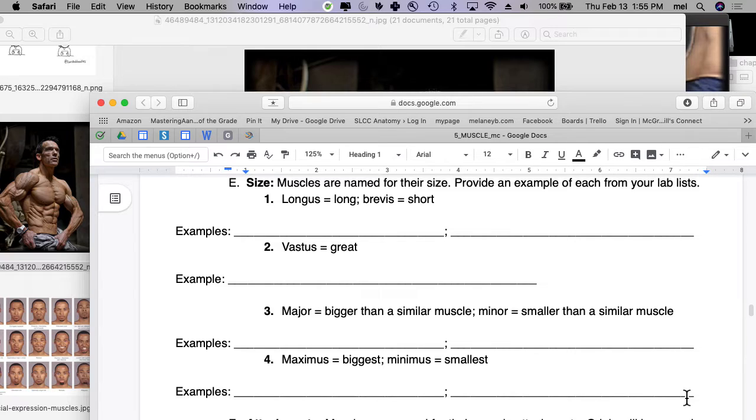Okay, a muscle that is vastus is great or big. Yes, that's why it's called a vastus. You know some vastuses? I don't know if that's plural at all. I just made that up. You know some vastuses? Vastus lateralis, intermedius, and medialis, which are all part of the what group? Quadriceps femoris group. Okay.